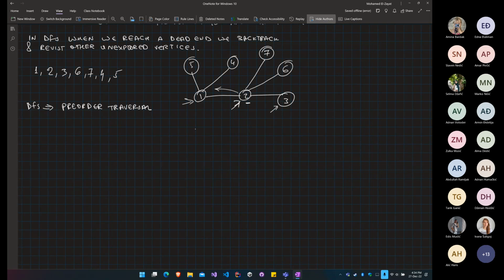So if I give you a bunch of nodes like this, a binary tree, 6, 7, okay? And then I ask you to traverse this, you will go in depth all the time until you reach here.